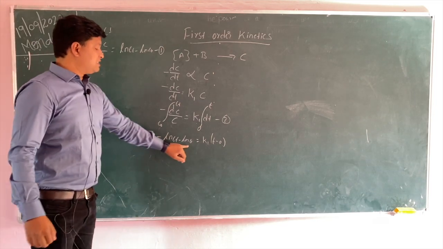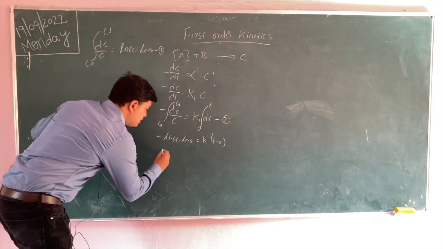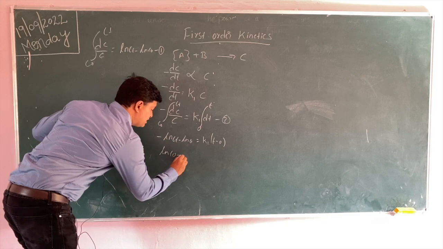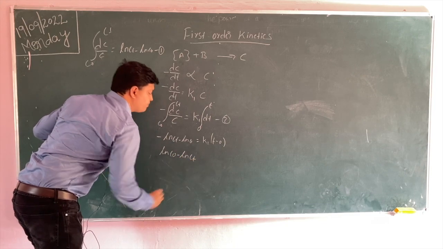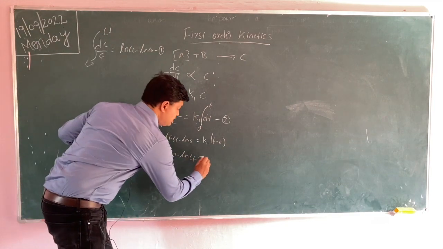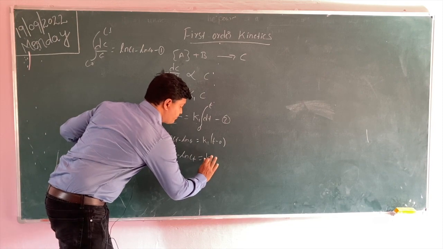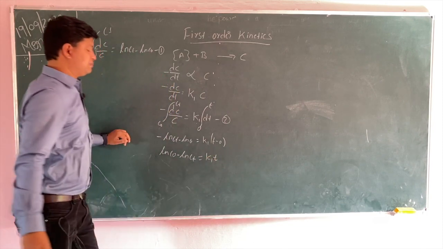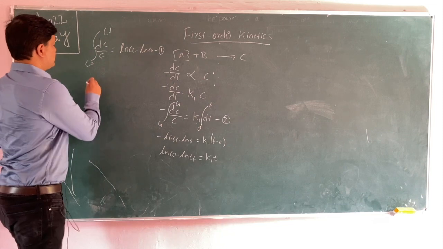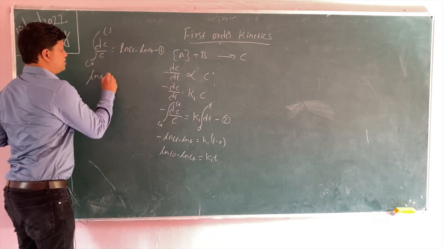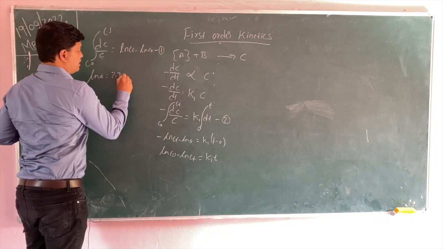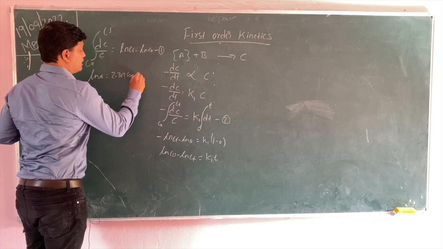Now, multiply the negative sign through, and the equation is rearranged like this: natural log C0 minus natural log Ct is equal to K1 t.